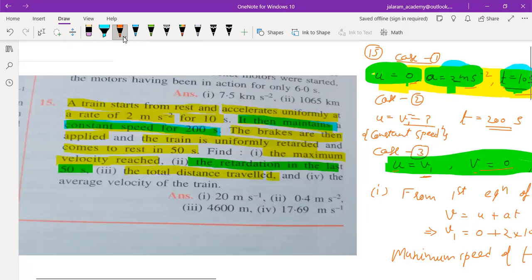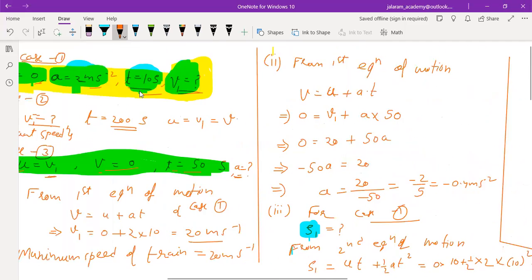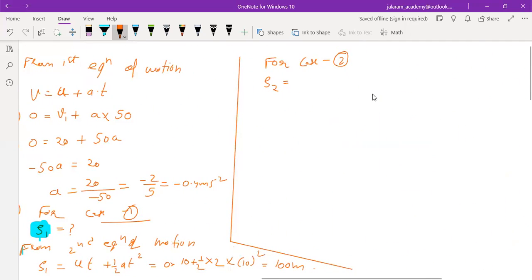Means there is no acceleration in this case. Acceleration is zero. Why? Acceleration is rate of change in velocity. No change in velocity means acceleration equals zero.